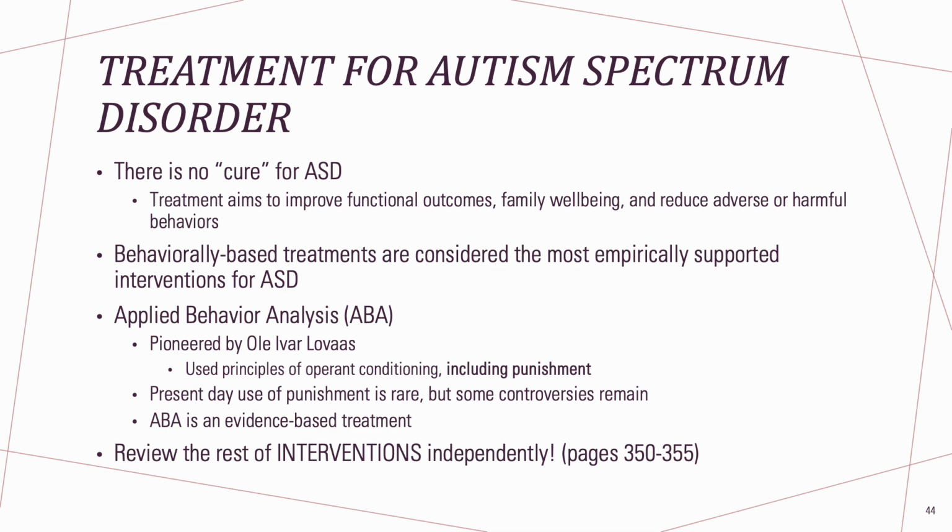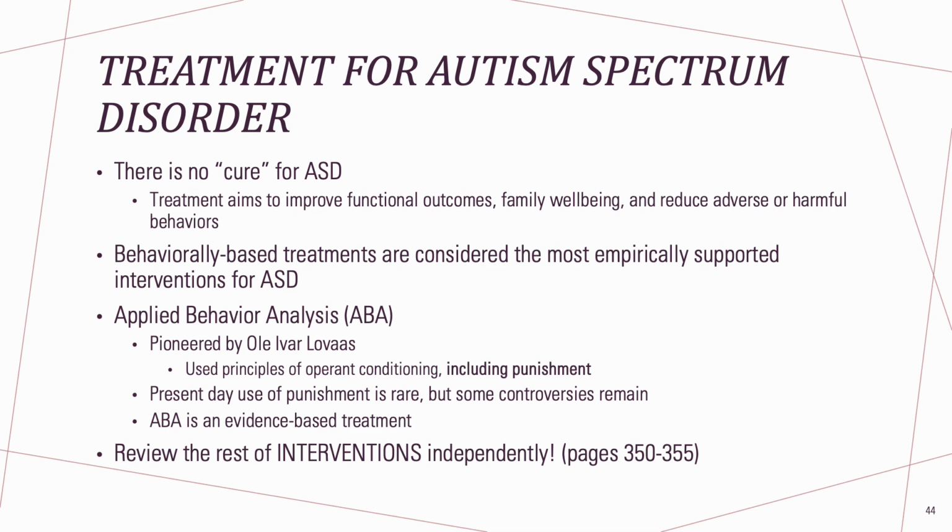One thing to note is that this has a lot of evidence base, but there's still some controversy about ABA, in particular the use of punishment, and there's also some debate about whether or not something like ABA is changing people's individuality and punishing them for some of these individual quirks.